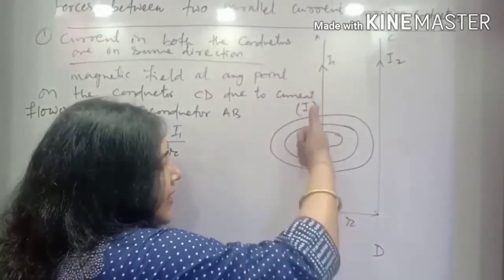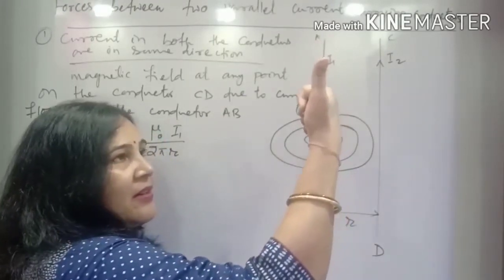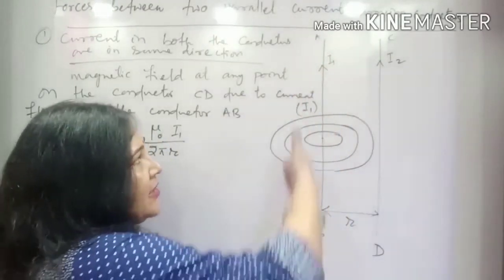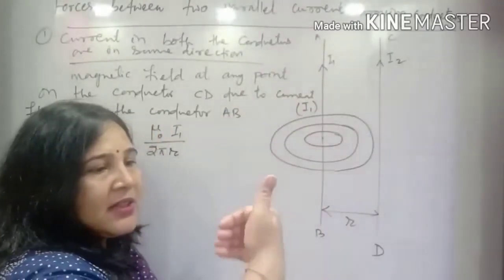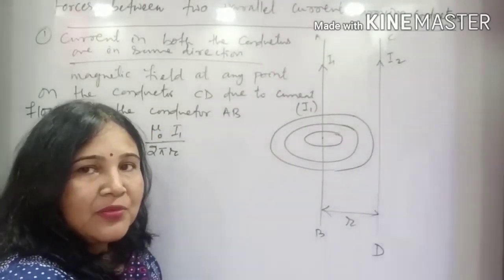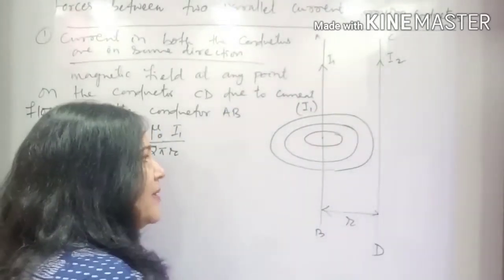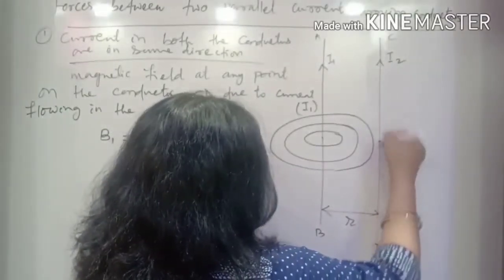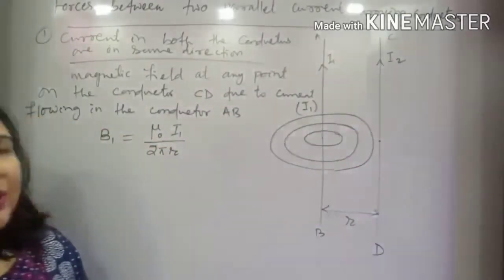If you hold this conductor with your right hand, with the thumb pointing in the direction of the current, then the curl of the fingers gives you the direction of the magnetic field.